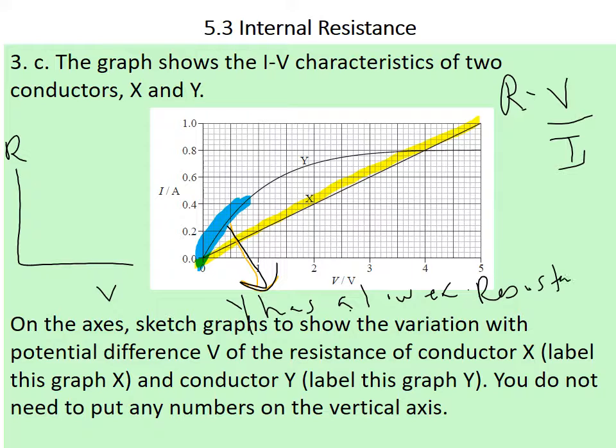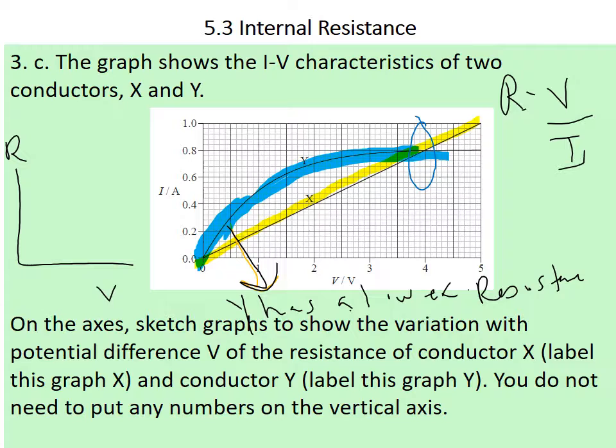In fact, because the current stays high for so long, it has a lower resistance all throughout, and it's gradually increasing until the two have the same resistance at 4 volts. So the graphs that you draw will intersect at 4 volts, and then it seems that the resistance for Y just gradually continues to increase.